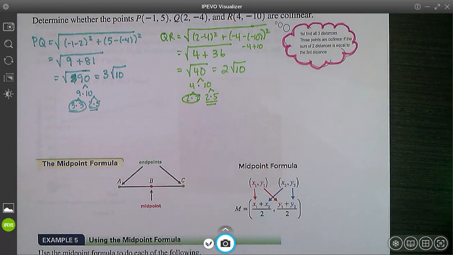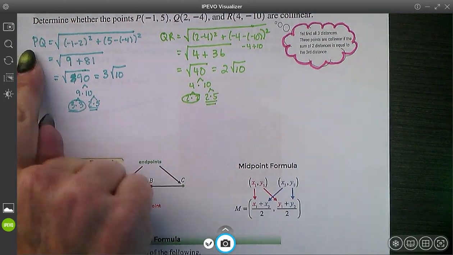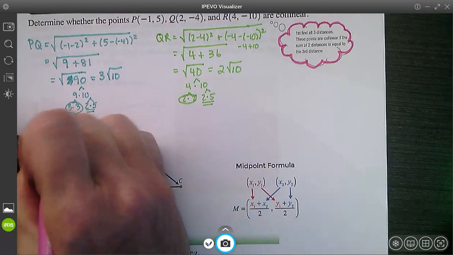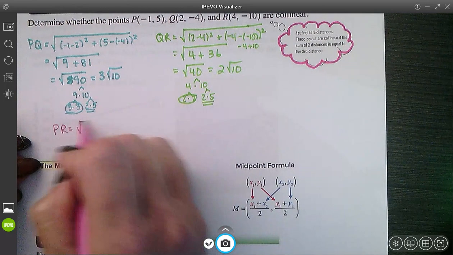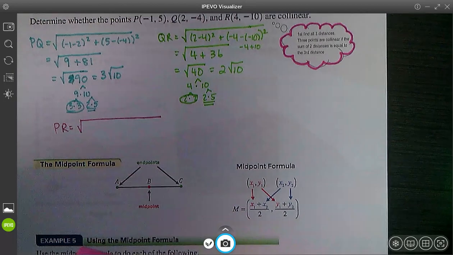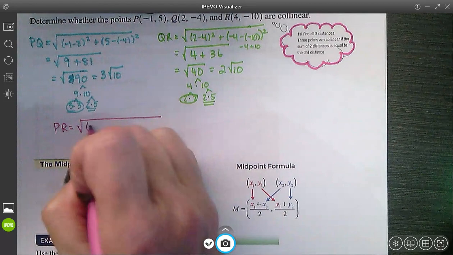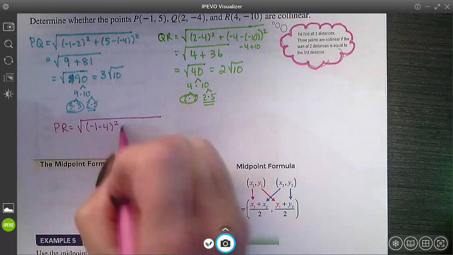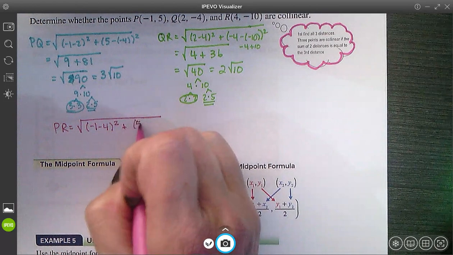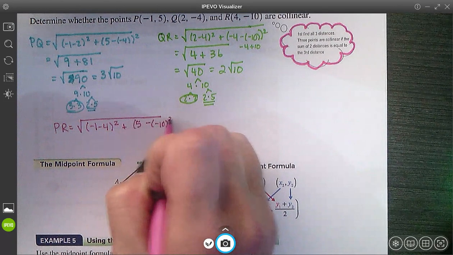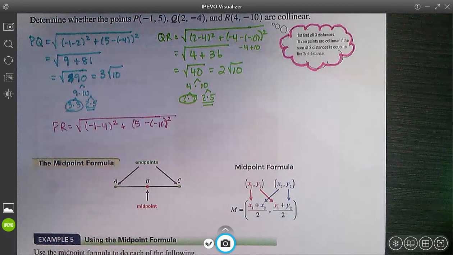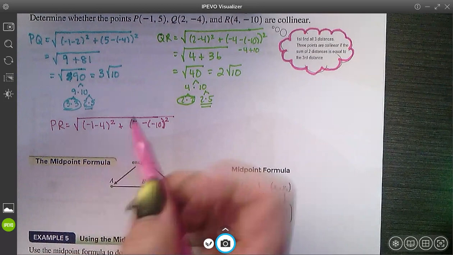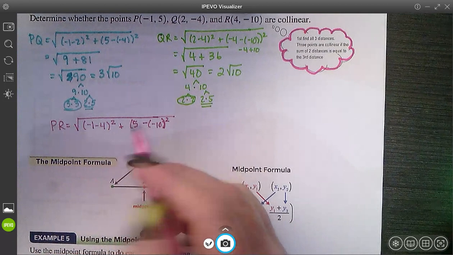And then the third length I have to check, I did PQ, QR, now I need to do PR. So PR. The distance formula, so I do negative 1 minus 4 squared for the x's, and then plus 5 minus negative 10 squared for the y's. Subtract your x's, square it, subtract your y's and square it.